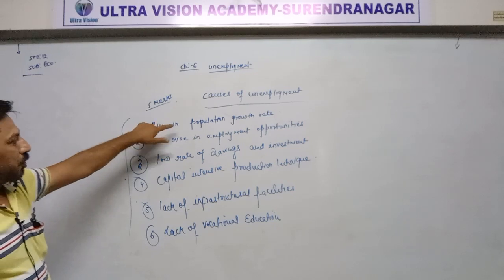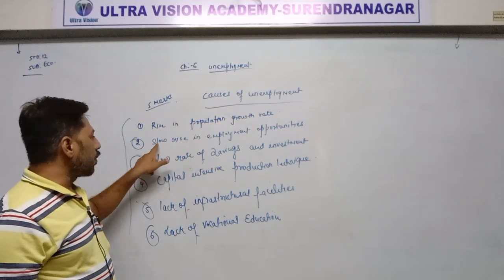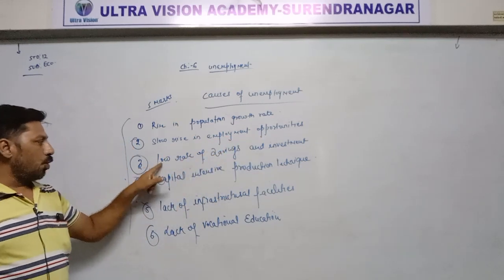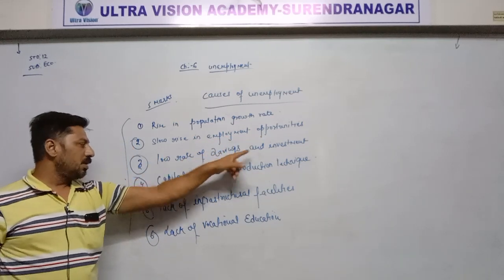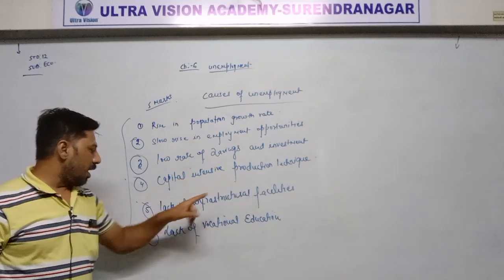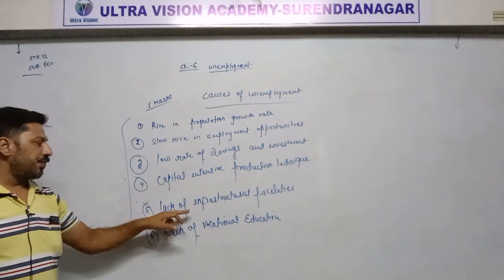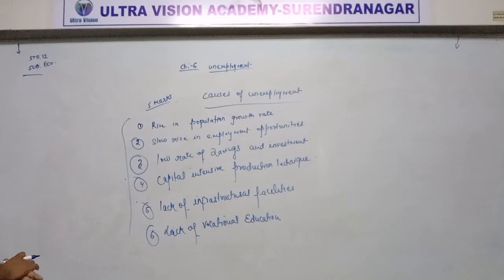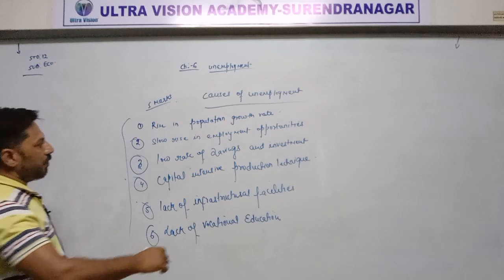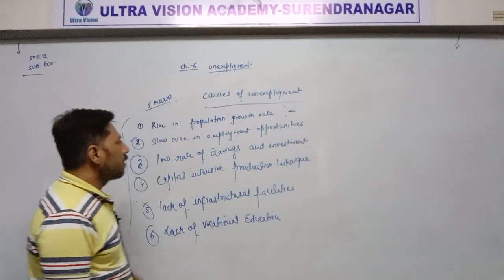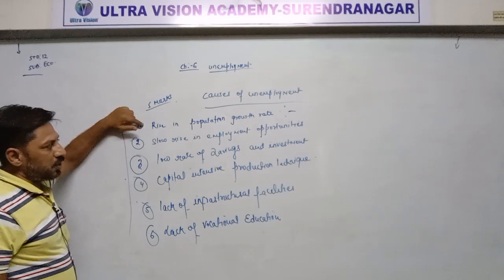First one is rise in population growth rate, then slow rise in employment opportunities, then low rate of savings and investment. Fourth one is capital intensive production technique, and fifth one is lack of infrastructural facilities, and last one is lack of vocational education. Now explanation of first point, rise in population growth rate.